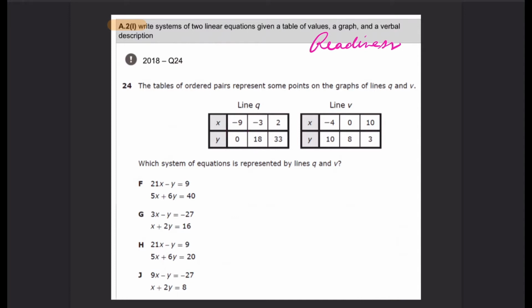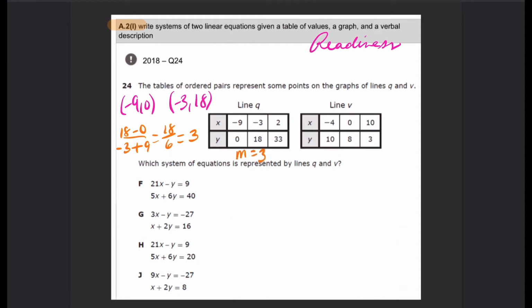Let me go ahead and write them down. By now you should have no problem finding these slopes, so I'm going to skip some steps. y2 minus y1 over x2 minus x1. The numerator gives me 18. The denominator gives me 6. The slope is 3. So the slope for line Q is 3.